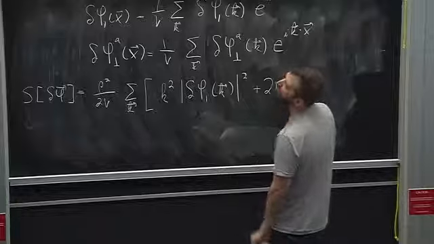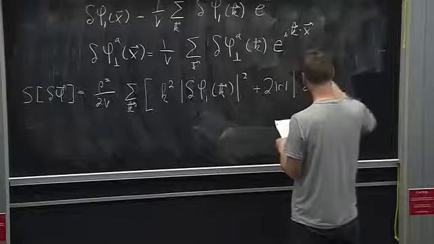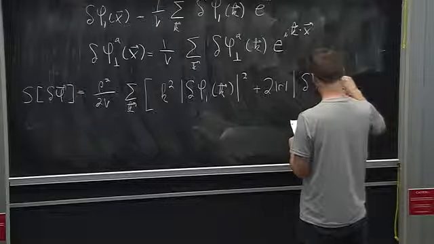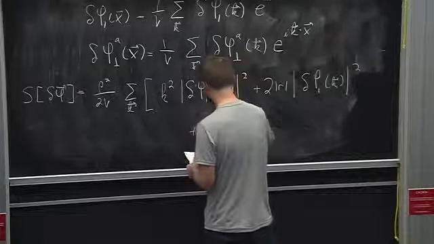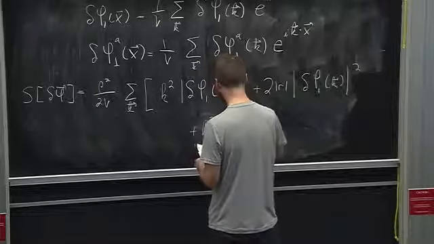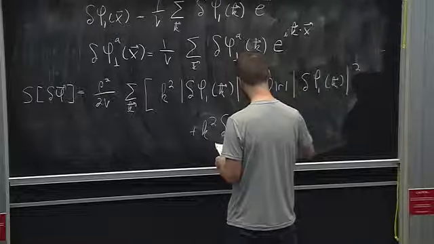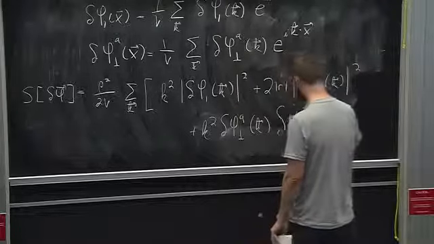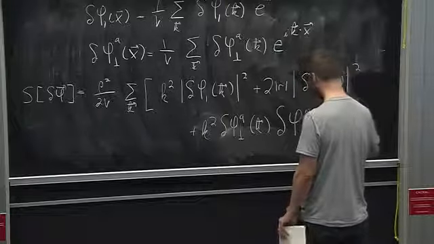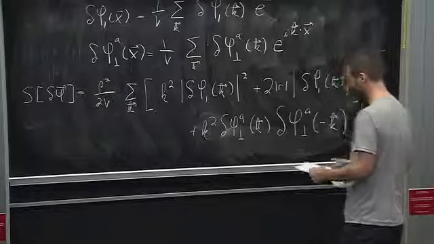We have 2r delta phi 1 k. I'll write like that. Here's the other K term, K squared, so this one will be minus K. That's all I mean by that.